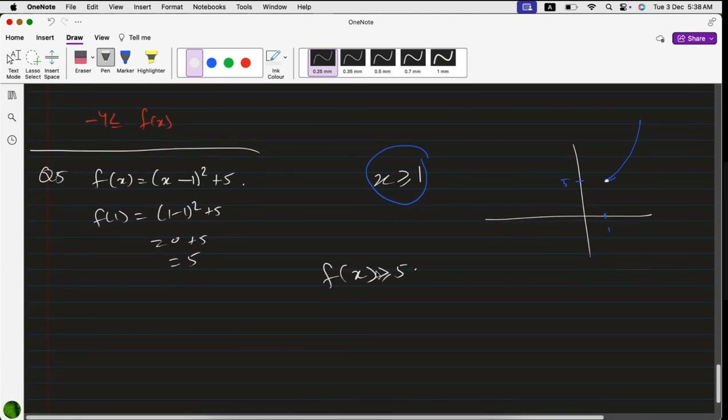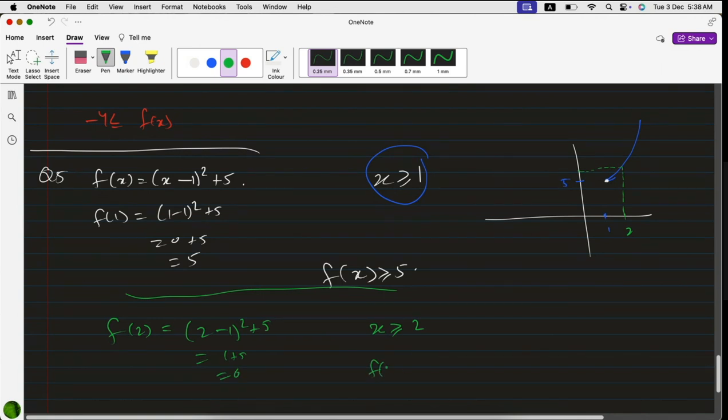In this same question, if the examiner had said that x is greater than or equal to 2, we would just substitute 2, because we know that the turning point, the lowest point, is at 1. We would substitute 2: 2 minus 1 is 1, 1 squared is 1, 1 plus 5 is 6.